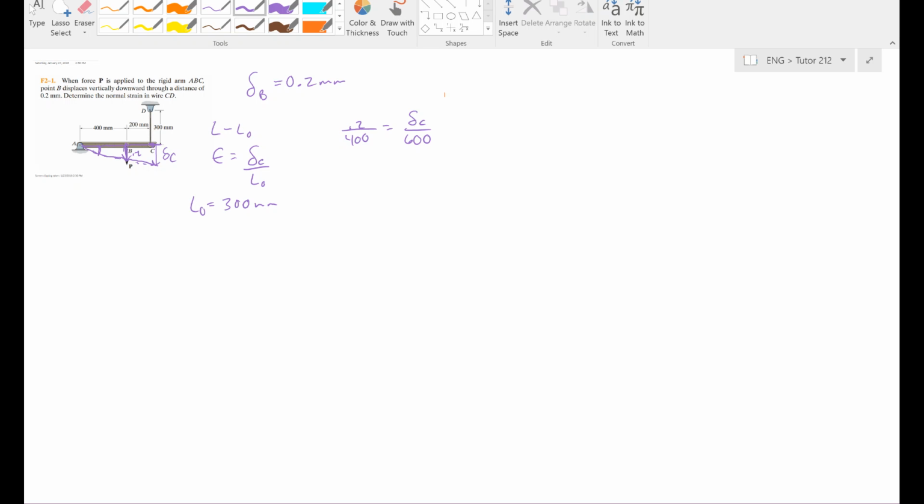And then we solve for that, and we get 0.3, which makes sense. It's a little more of a displacement than we see at B.